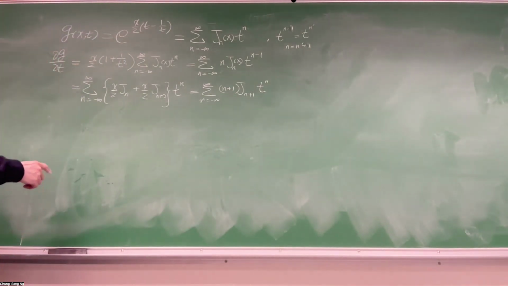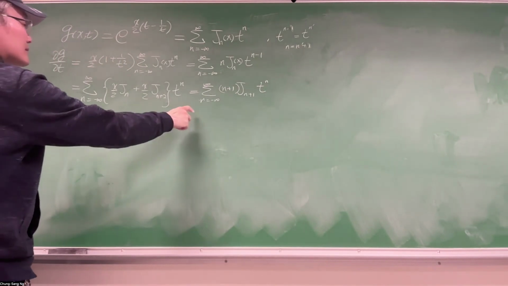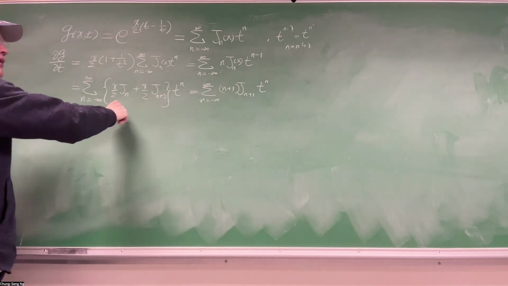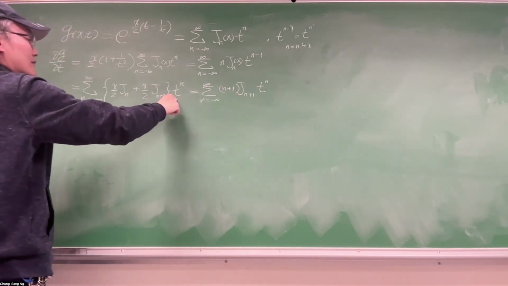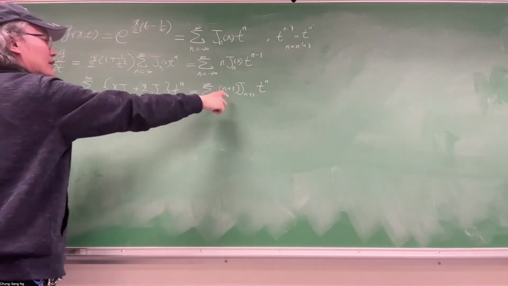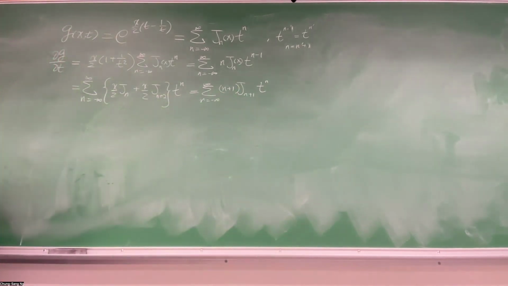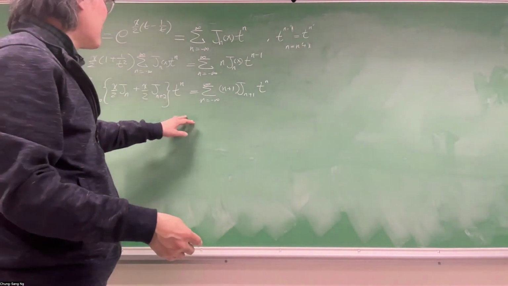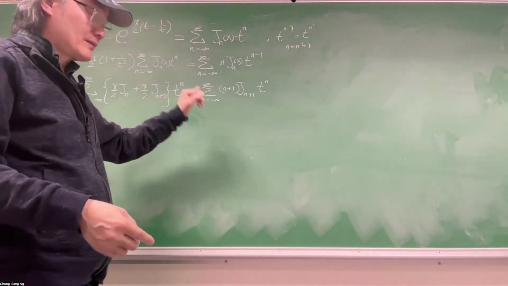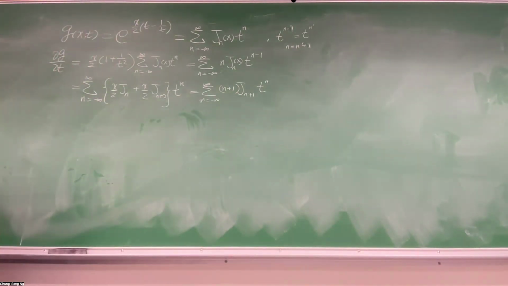Okay, so now you can compare the coefficient of the same power. The coefficients of t to the n on both sides must be the same because the power expansion is orthogonal, I mean, they are linearly independent.